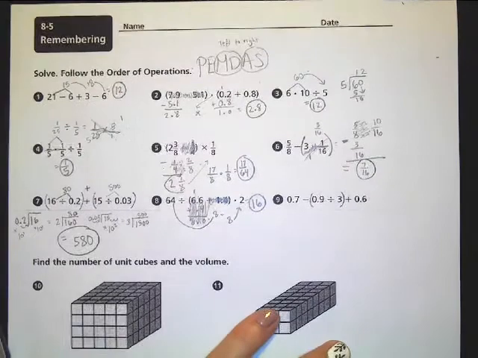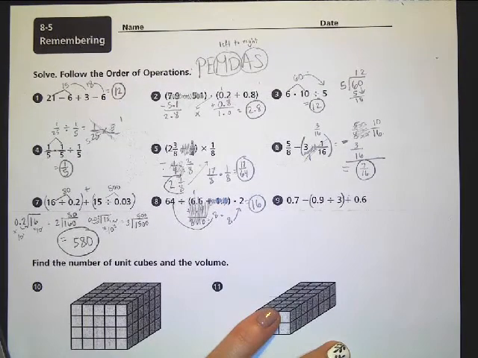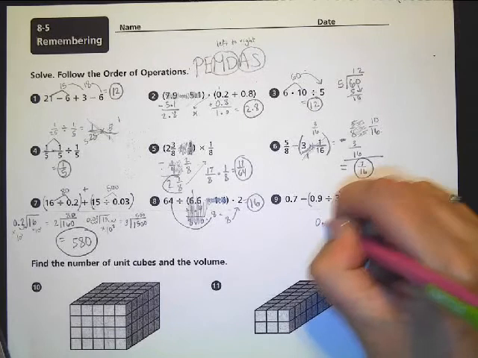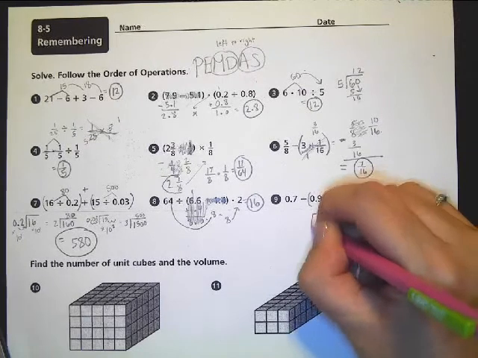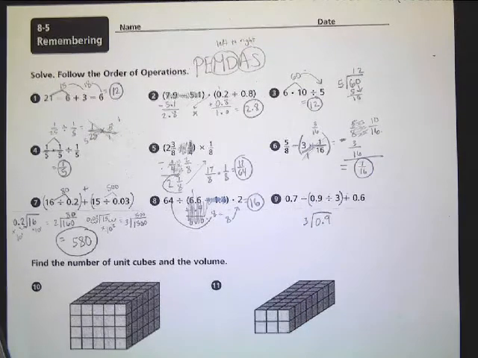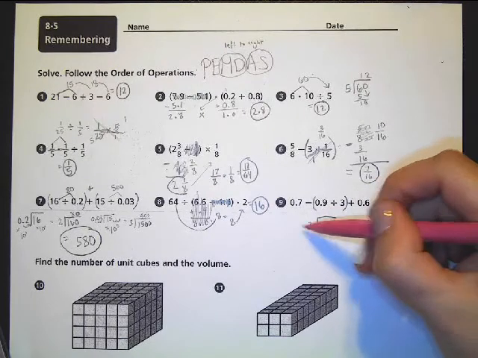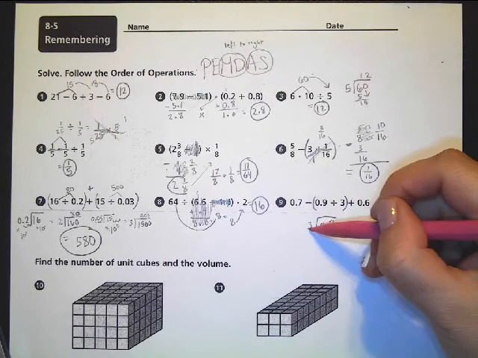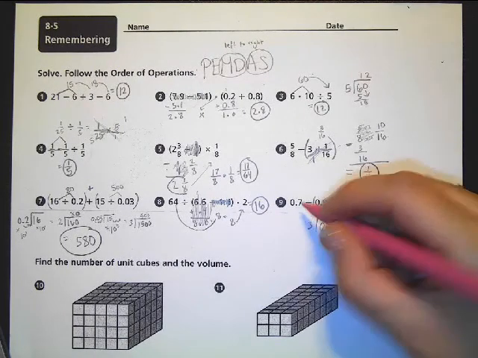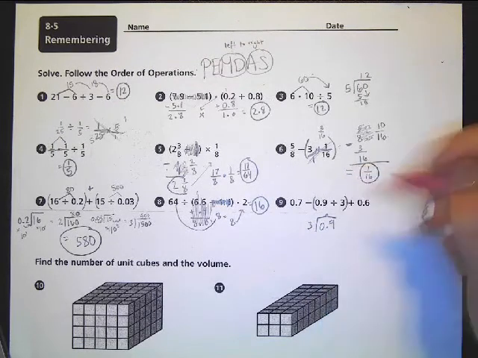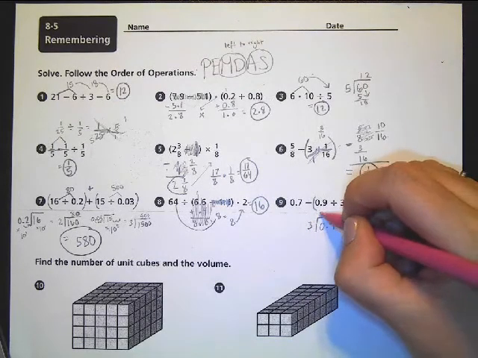0.7 minus 0.9 divided by 3 plus 0.6. Lots of things are happening. I have a subtract, divide, add. Which one of those comes first? Divide. So I get to put the parentheses in. 0.9 divided by 3 looks like this. Always the first number goes inside the box.